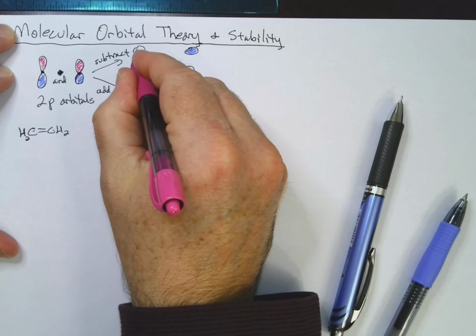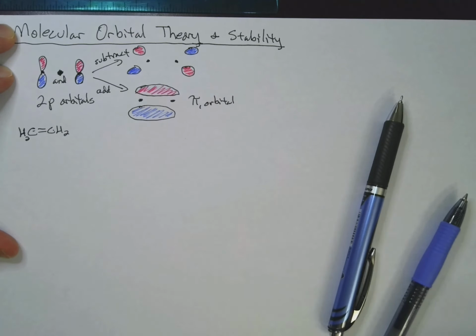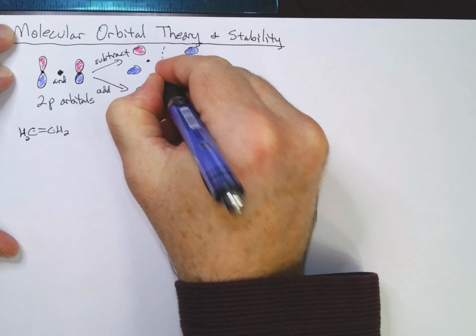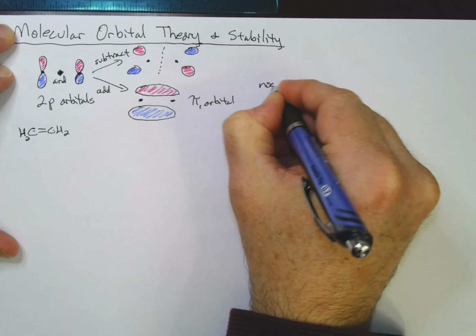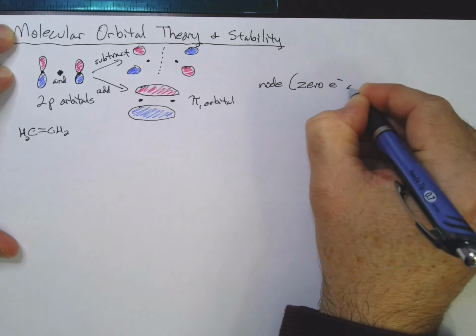You might think you would get zeros. Well, you do get zeros in the middle. And so there's an area here in the middle, which we call a node, which is 0 electron density.